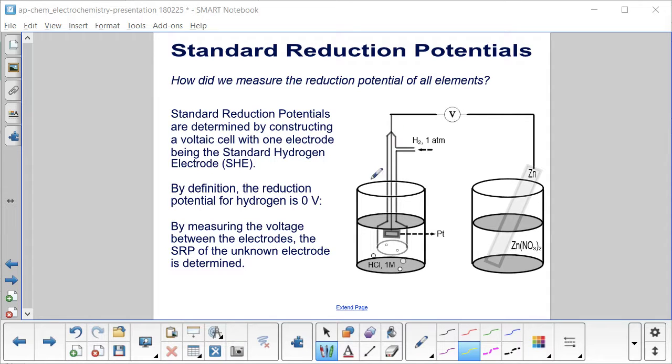So we're always starting with 0 volts. By measuring the voltage between the electrodes, the standard reduction potential of the unknown electrode is determined. So here is zinc. Whatever the voltage is across these two electrodes would give me the standard reduction potential of zinc.